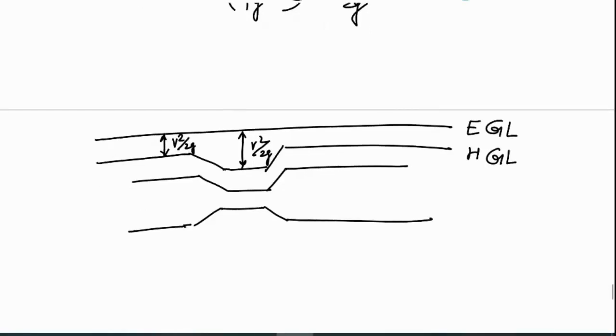So ideally your energy grade line should be constant, a straight line, but in actual case, because of the friction and other viscous effect, the energy grade line is not horizontal. Ideally it should be horizontal or constant.